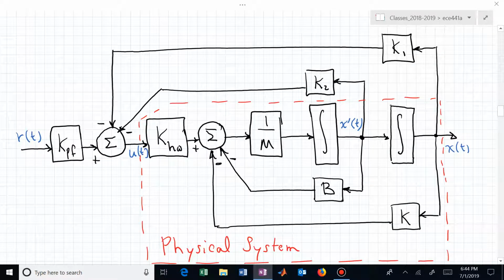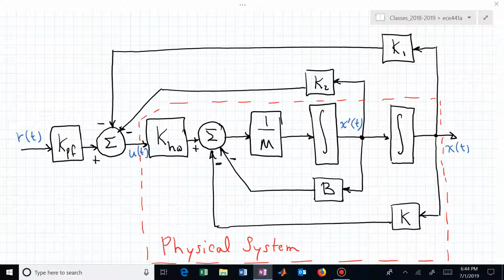I've tried to, in red, emphasize our physical system. We're assuming now that we can measure the position x and the velocity x prime, scale those with k1 and k2 respectively, and use those to help us create an input signal u.